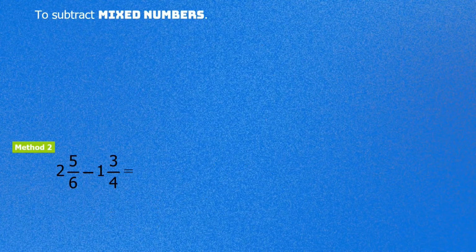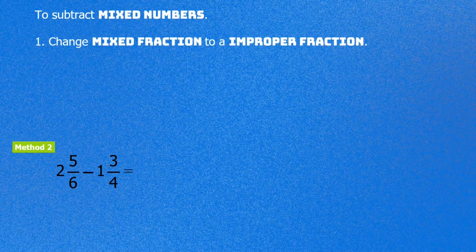We will now take a look at method 2 on how to subtract mixed numbers. We will first change the mixed fractions to improper fractions. Now our fractions are written in their improper fraction representation.